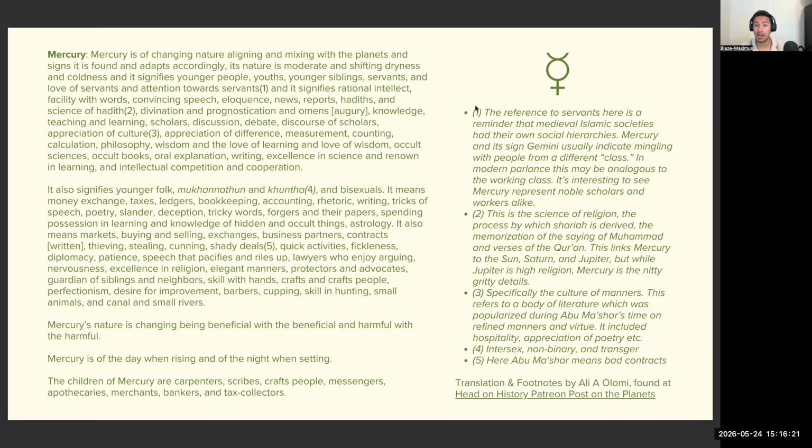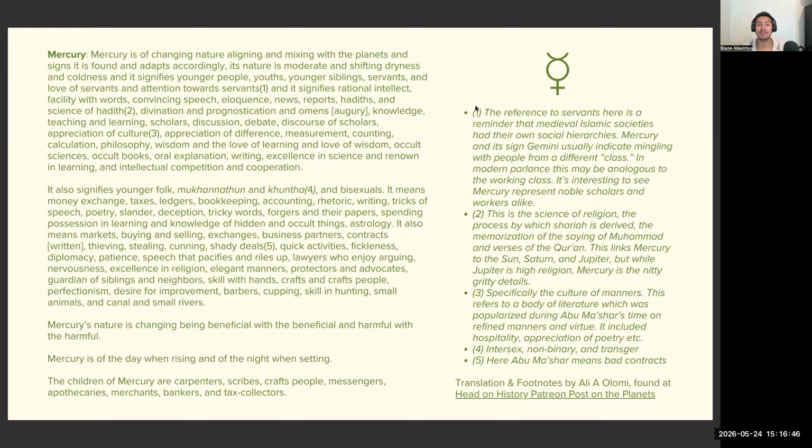So speech that can cause people to be calmed and to be soothed, but also speech that can cause people to be agitated and to be irritated. It's lawyers who enjoy arguing. It's nervousness. It's excellence in religion. It's elegant manners. It's protectors and advocates. It's the guardian of siblings and of neighbors.